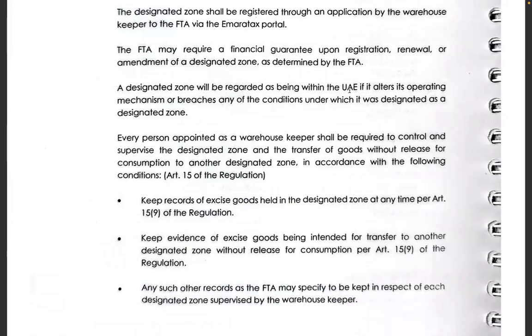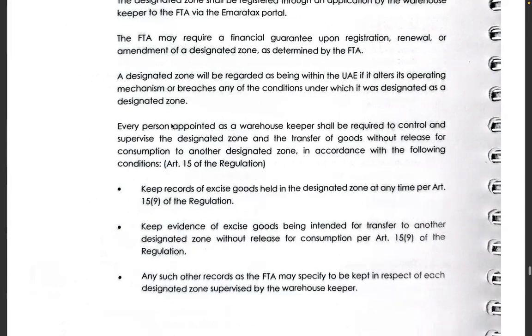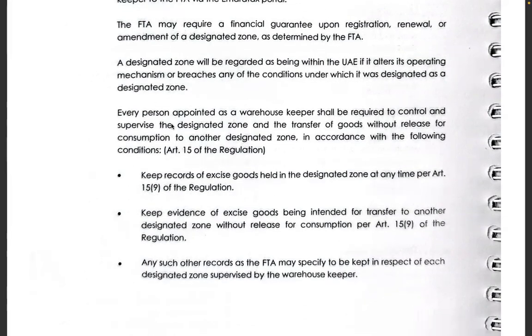By default, a designated zone is considered as not being part of UAE, but it will be regarded as being within the UAE if it alters its operating mechanism or breaches any of the conditions under which it was designated as a designated zone. So wherever that designated zone violates customs procedure, violates the requirements of the excise tax law, that area will not be considered a designated zone. So it will be seen as within UAE.